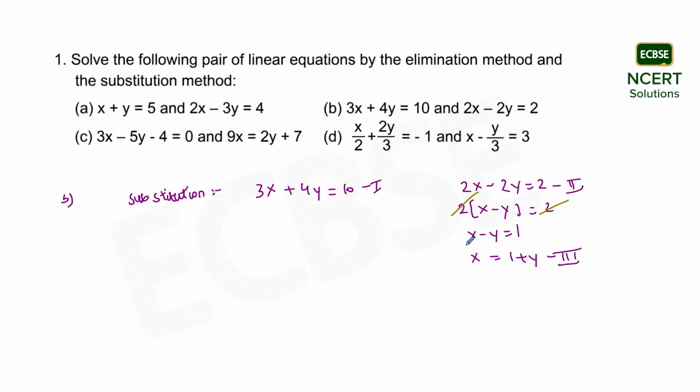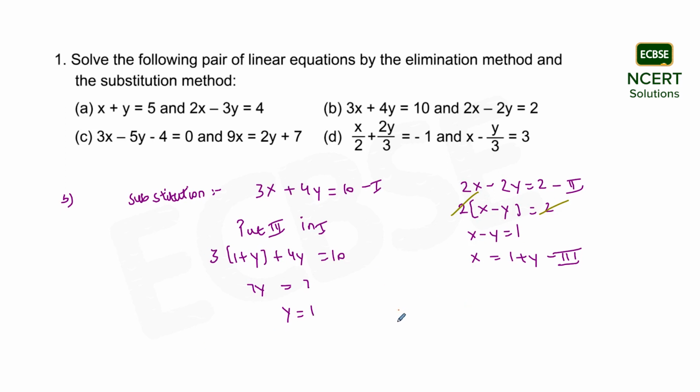Right. Now, the next step is to substitute this value of x in the first equation. That is, put third in first. So it will be 3 into 1 plus y, plus 4y is equal to 10. Solving it, it will be 7y is equal to 7, or y here comes out to be equal to 1.